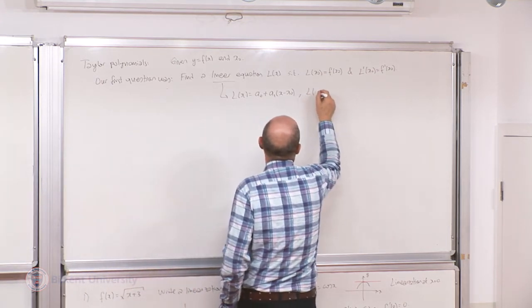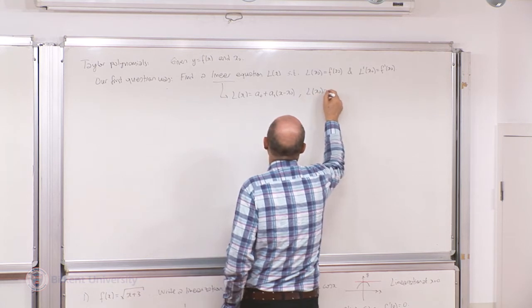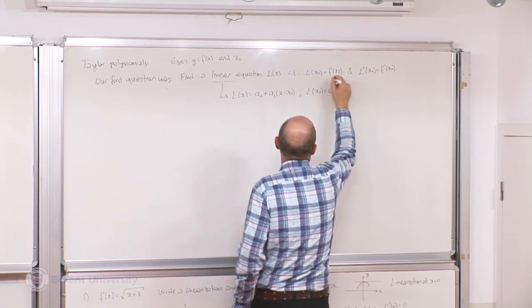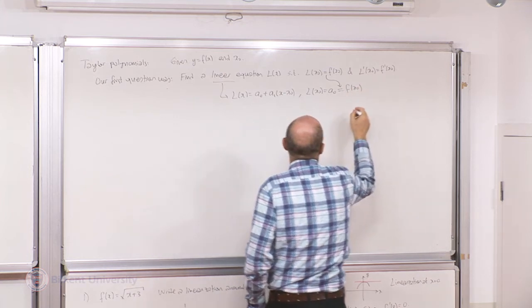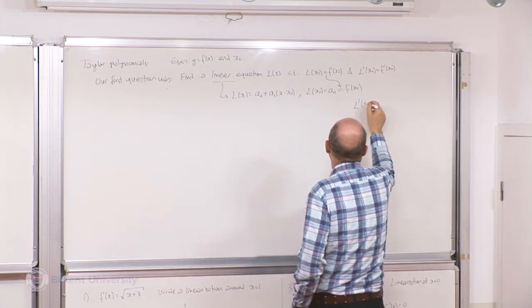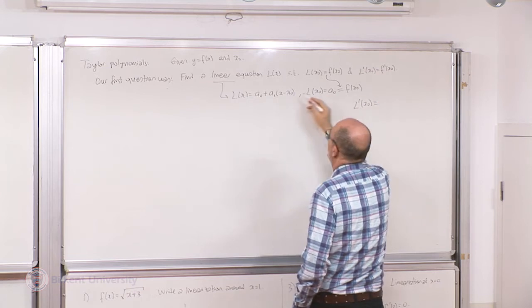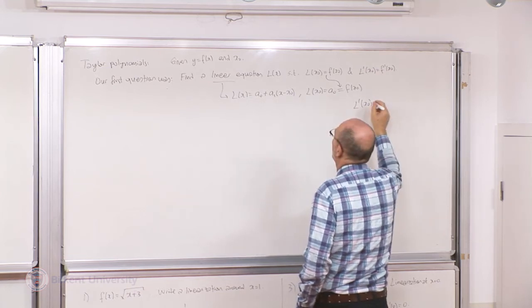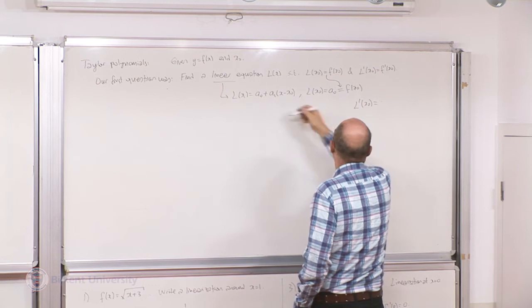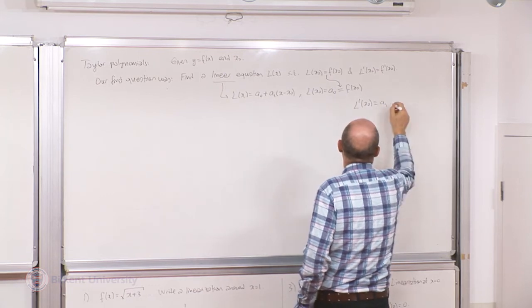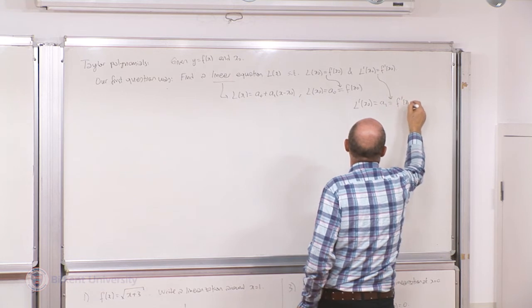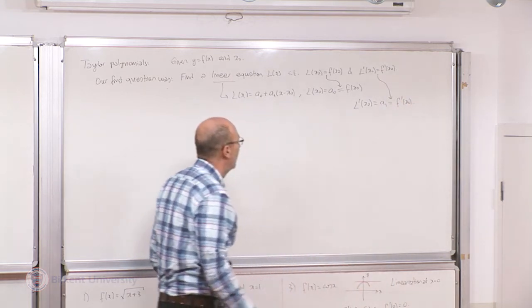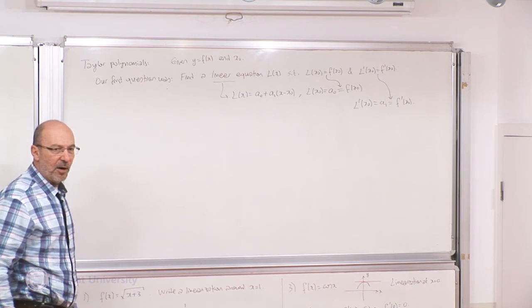Now L of x sub 0 is equal to a0, so from here it must be f of x sub 0. And L prime of x sub 0 is equal to a1, and it must be equal to f prime of x sub 0. Okay, so this is how we found this.